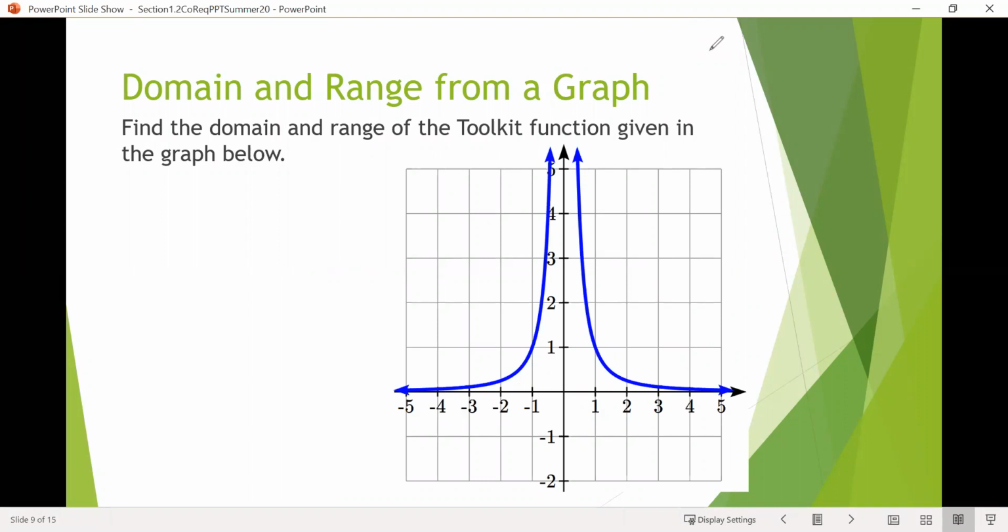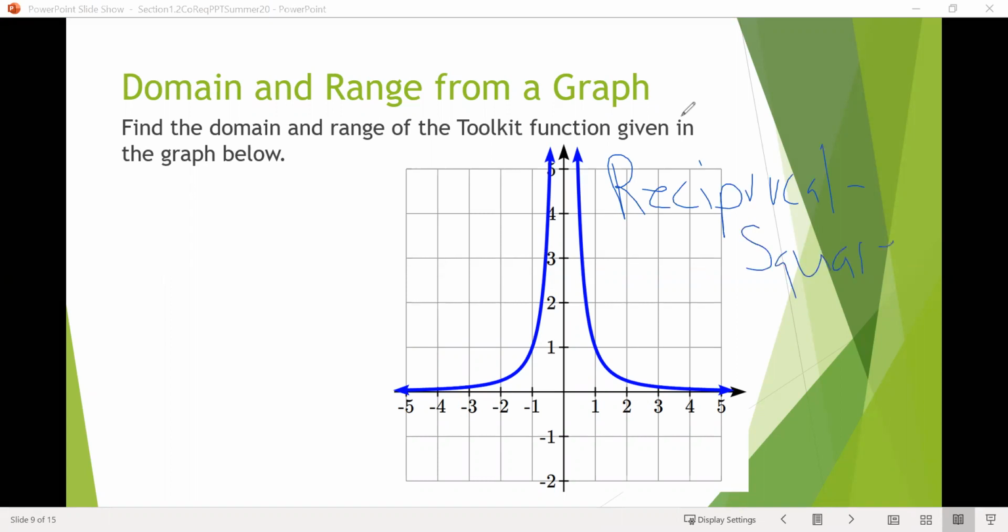So this one, assuming you've been studying them, this is what is called the reciprocal squared toolkit, and its equation is f of x equals 1 over x squared. And I want to write the domain and range of this function.